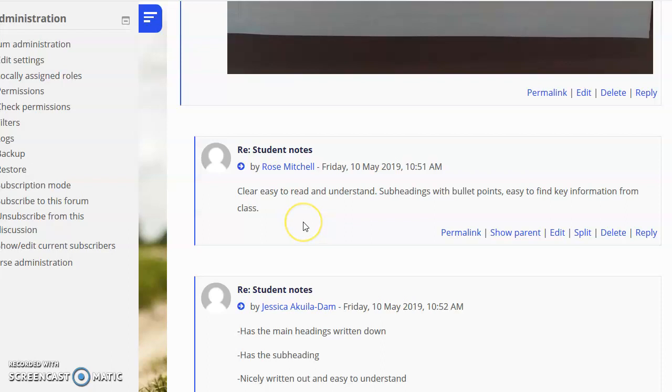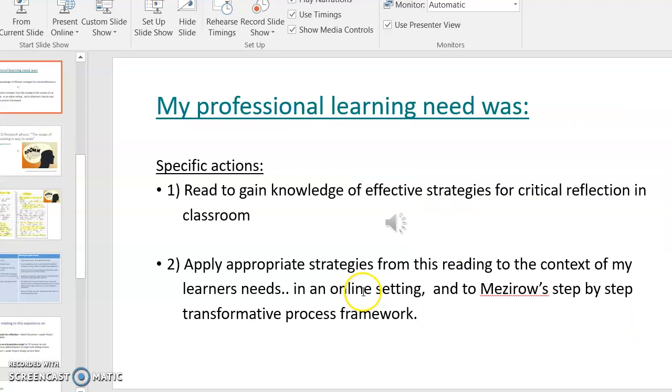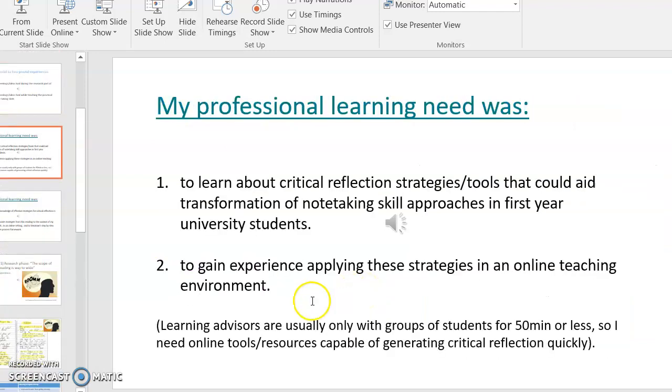Coming back now to my professional goals, I think that I've just been talking about the experience of applying these strategies in an online environment. There's no doubt that I learned some real skill in that, and using this blog and seeing how it does actually in fact work.